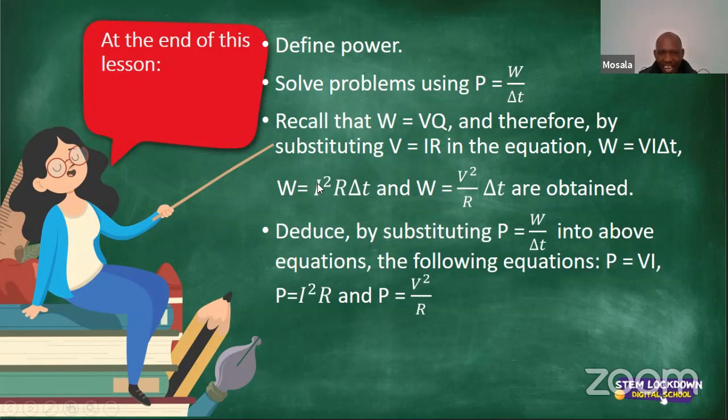So it will be I squared R multiplied by delta T. Right, so deduce by substituting into this equation, the following equation will be obtained.